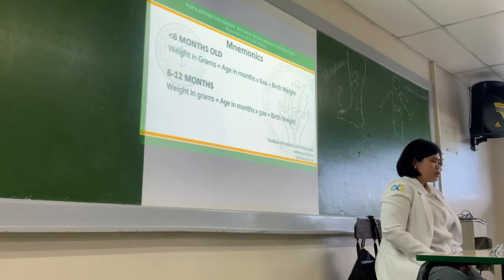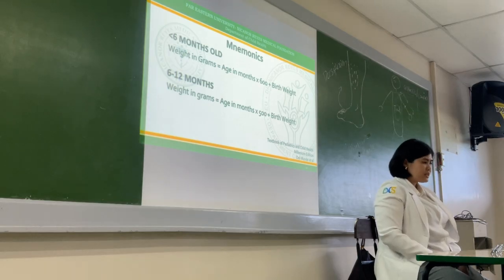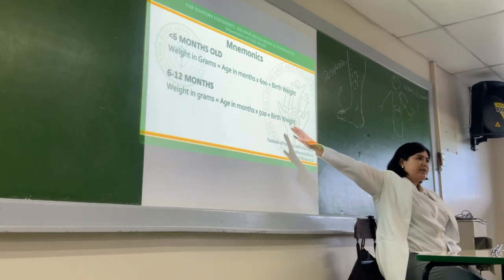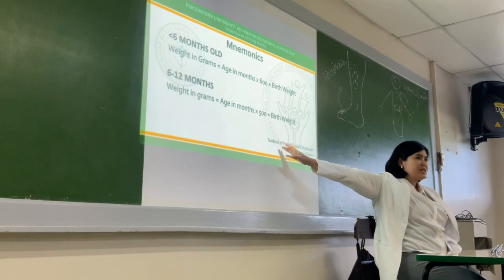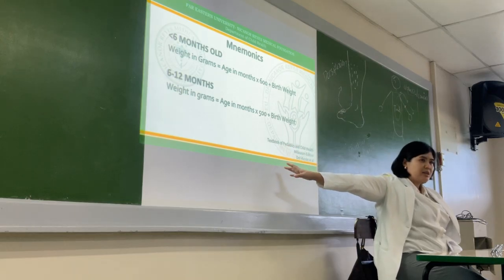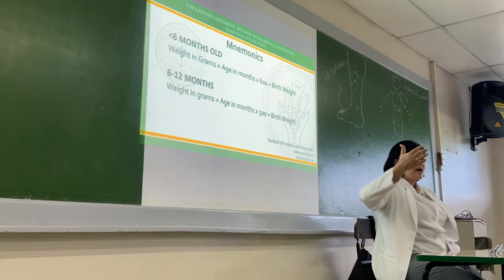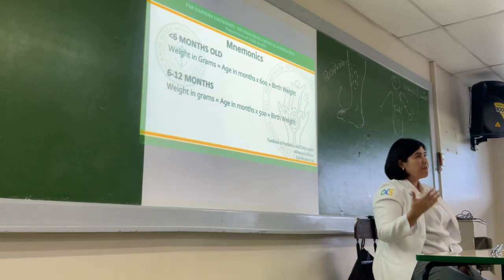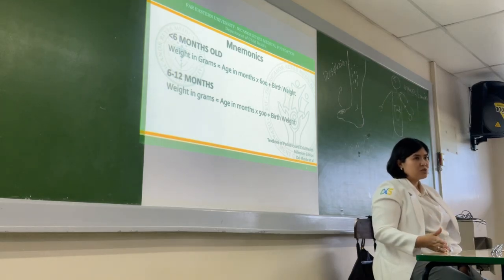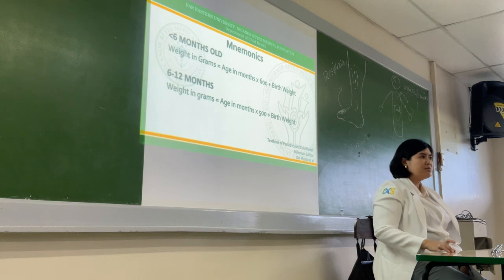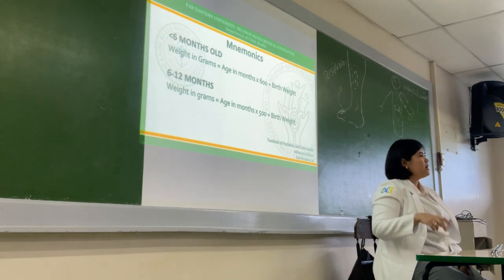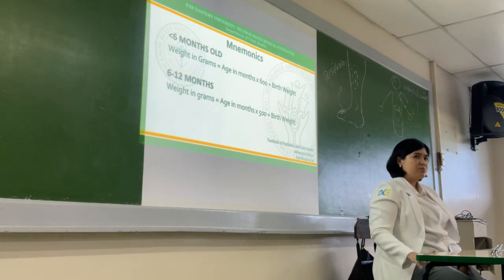Okay. So during well baby visits, we measure and then we compare it to what is the ideal body weight for that age at the time of the visit, aside from plotting it on your charts. So we can determine, is this something I should be worried about? Are we still good? We can still observe.